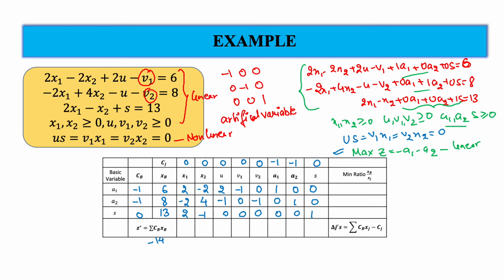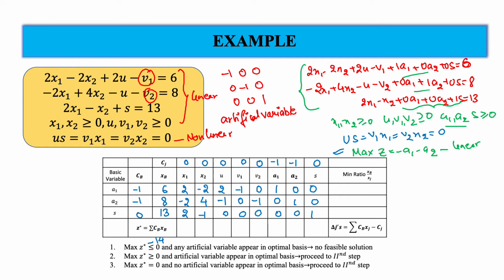Now z is negative. So what we conclude from that, if you see the conditions which we use to find optimal in phase 1, is that this solution is not a feasible solution. We have seen that a1 and a2 have some values, 6 and 8, and they have coefficient -1, so they have some value, which means this is not our feasible solution.